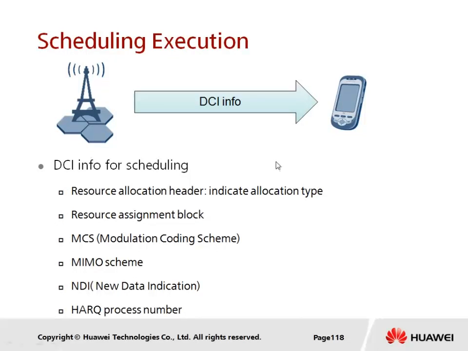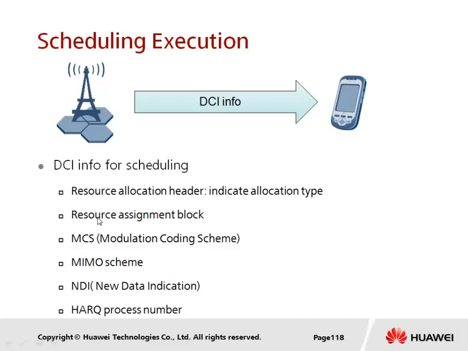The DCI information indicates the resource allocation header, so all allocation types will be included. The DCI format could be format 1, 1A, 1B, or 2, 2A, 2B, and 3, etc. 3GPP defines a lot of DCI formats, each with its own objective.